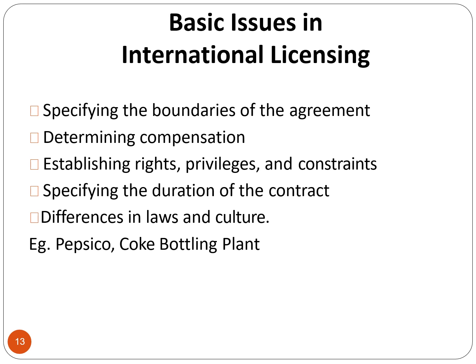Next, determining compensation for using his property, the trademarks, the patents, the technological knowledge. You pay a certain amount that is called the licensing fee. Next, establishing rights, privileges and constraints. Whatever rights he has, he gives to us for a certain amount. Next, specifying the duration of the contract, how long the contract will work.